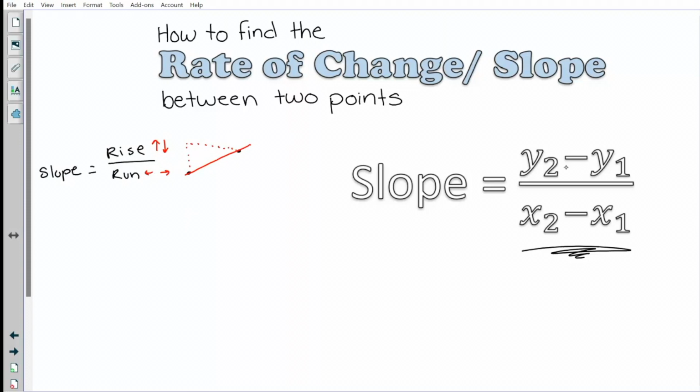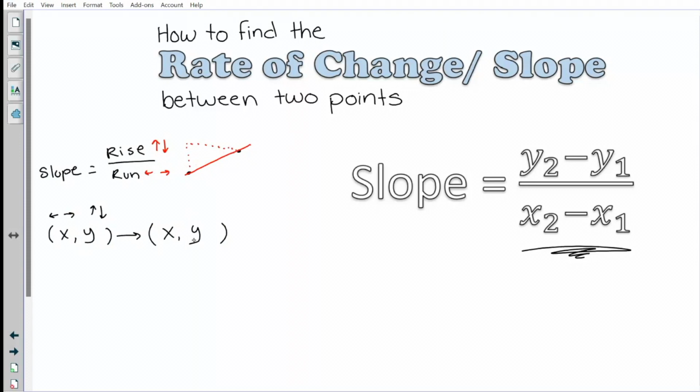Now, where do these letters come in? Normally, we have our first point. We have x and y. X tells us left and right. Y tells us up or down. Now, when we're talking about our slope, we want to know how do we get to this very next point. So we have to have at least 2 points. We have another x and we have another y.